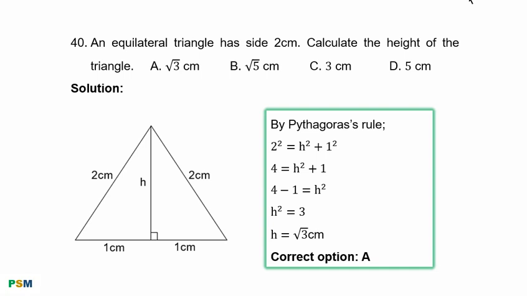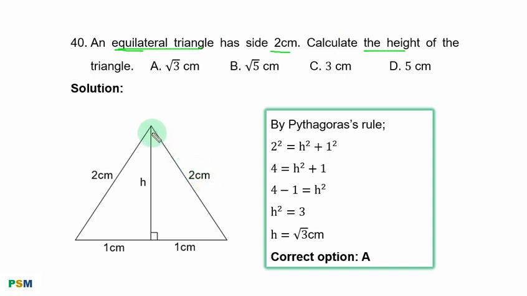Question 40. An equilateral triangle has side 2 cm. Calculate the height of the triangle. The given triangle, all the sides are equal, so 2 cm respectively.